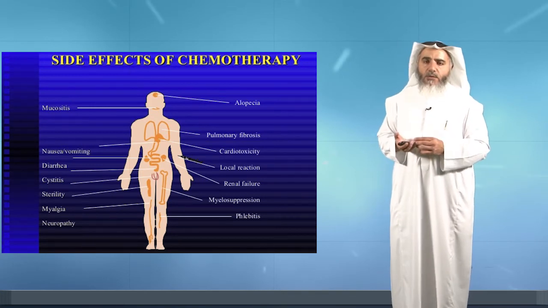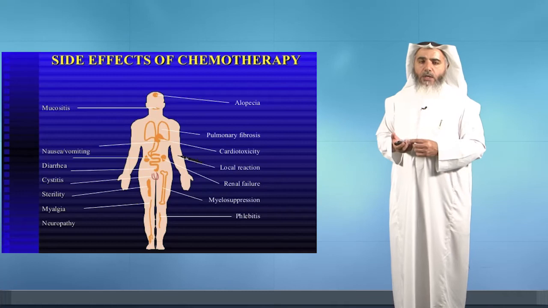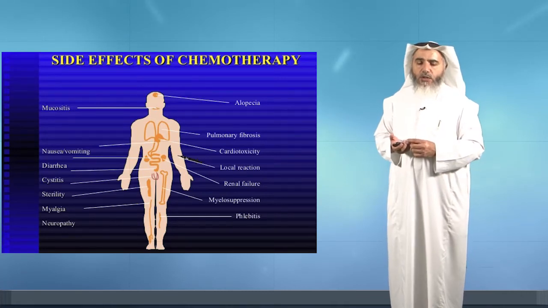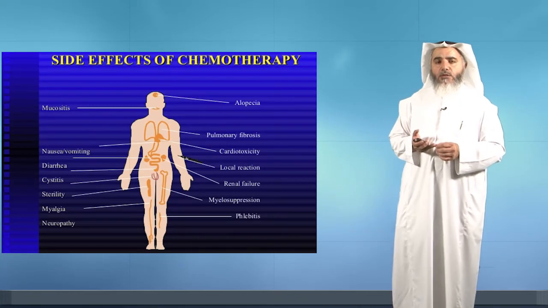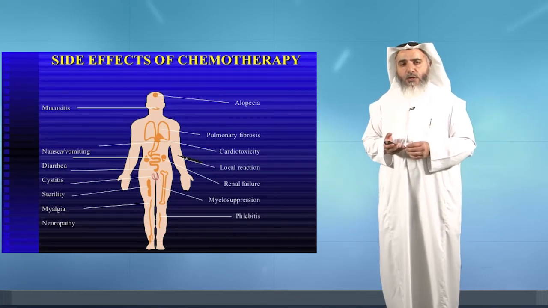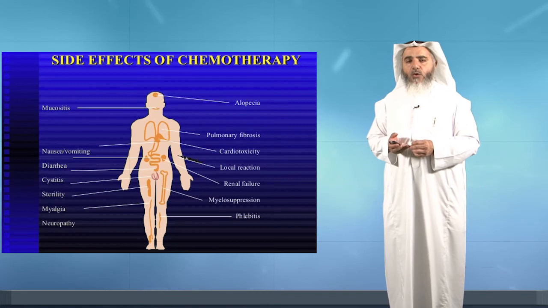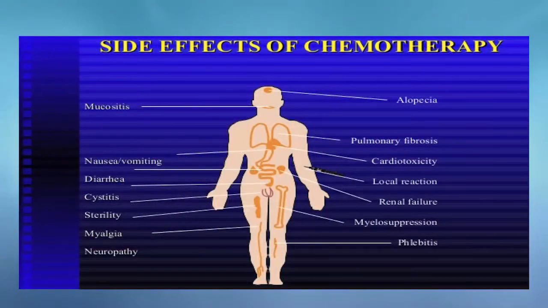You can see from alopecia at the top, mucositis, pulmonary fibrosis, cardiac toxicity, sometimes nausea, vomiting, hepatic toxicity, increased liver enzymes, and nephrotoxicity, drugs affecting the kidneys. Sometimes certain types of chemotherapy cause severe diarrhea or cystitis. Some of it causes hemorrhagic cystitis. A big group of chemotherapy causes sterility, either because of ovulation problems or affecting the testes.